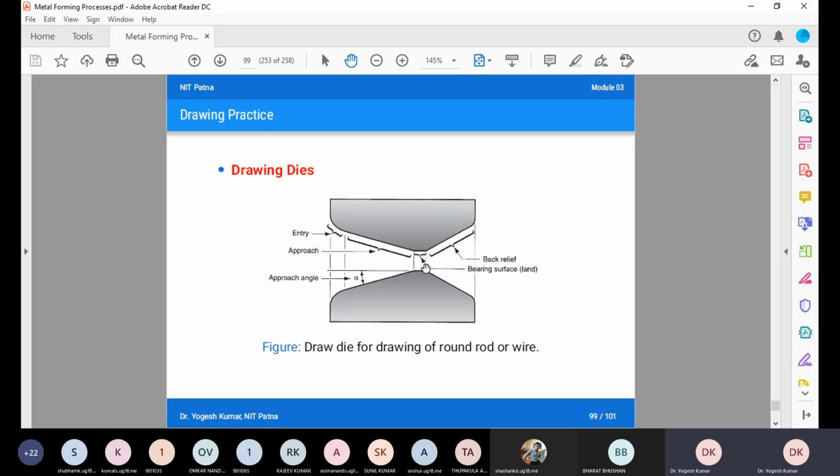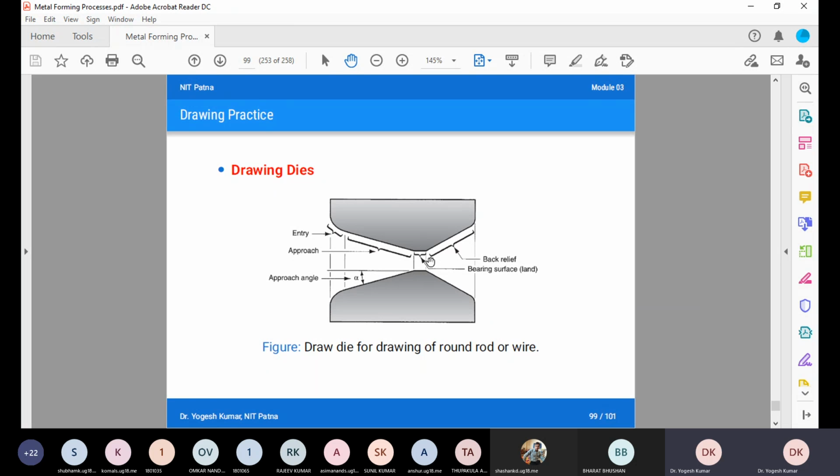Now we have this portion, the third region, which is called the bearing surface or bearing length. Here you can see the important dimension responsible for the final reduction in the wire is your bearing surface.